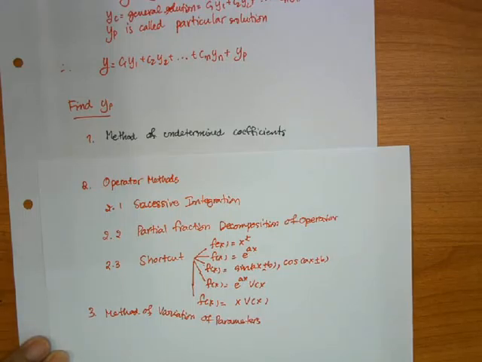To find yp, you can pick any one of the 3 methods. It just depends on f(x). The first is the method of undetermined coefficients, the second is the operator method, and the third is the method of variation of parameters.